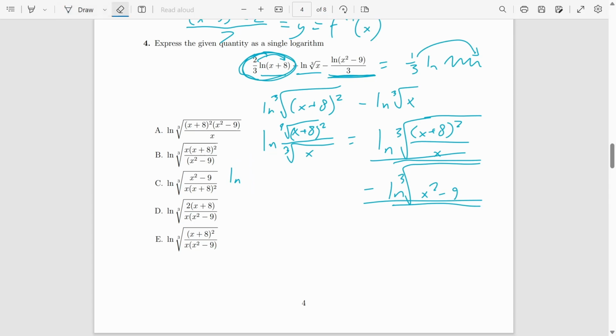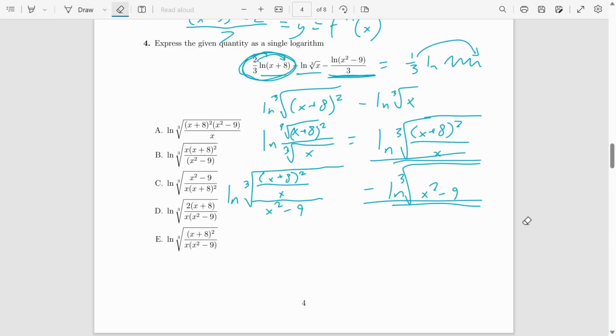So, well, that is not going to be enough space at all. ln cubed root of, okay, so this is x plus 8 squared all over x, and then all of this over x squared minus 9. And then, okay, so we have the original fraction, which is being divided by something else.